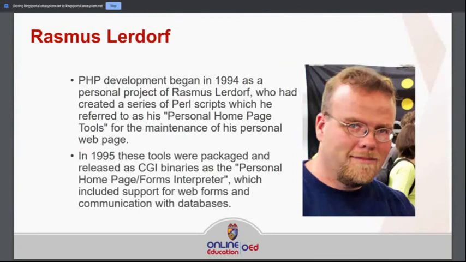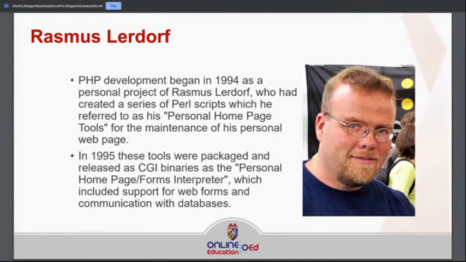He began developing PHP in 1994 as a personal project. He had created a series of Perl scripts which he referred to as his personal homepage tools for the maintenance of his personal web page. In 1995, these tools were packaged and released as CGI binaries as the Personal Homepage Forms Interpreter, which included support for web forms and communication with databases.